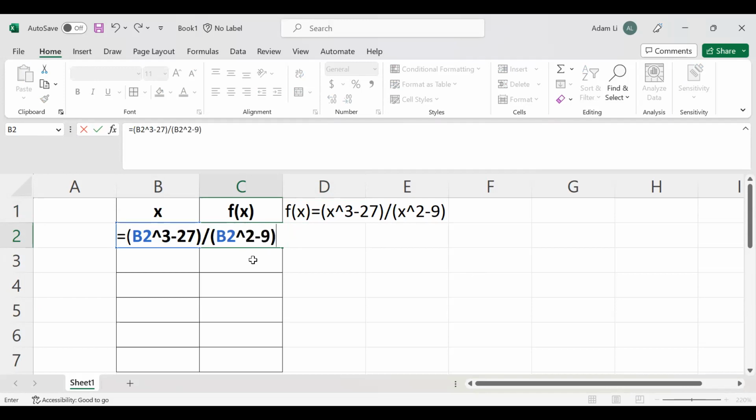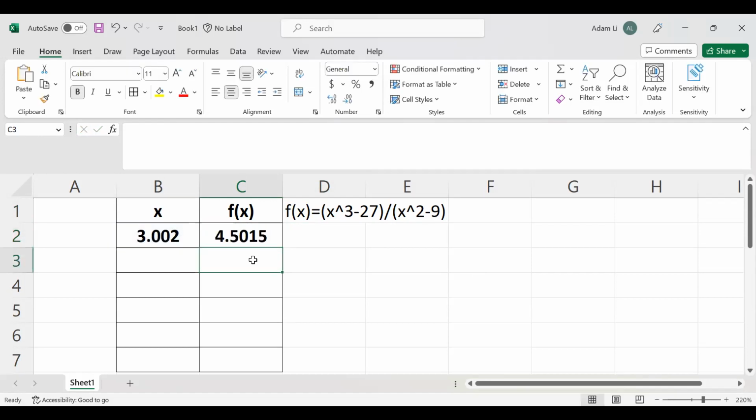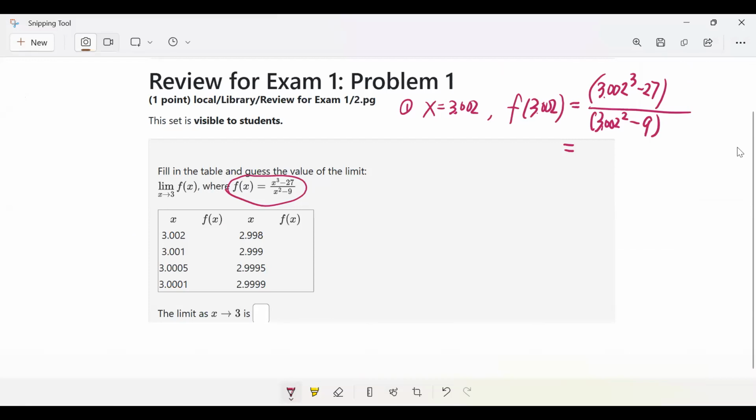Like so, we get a result for us. This turned out to be 4.5015. So that's the number we're looking for, 4.5015. So this goes in here, first number here.